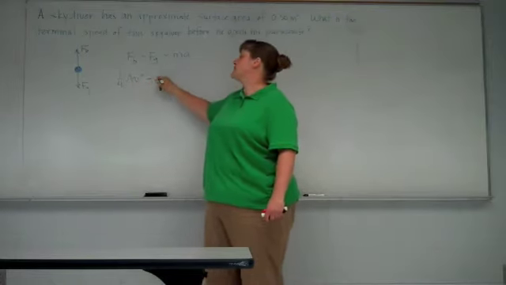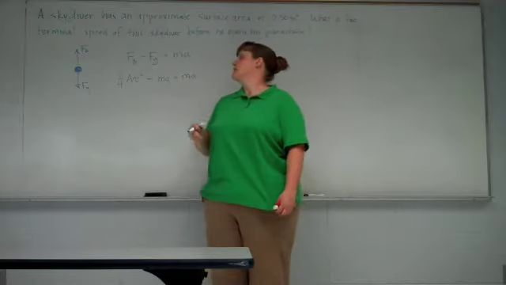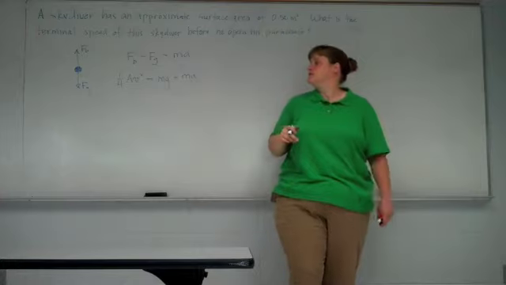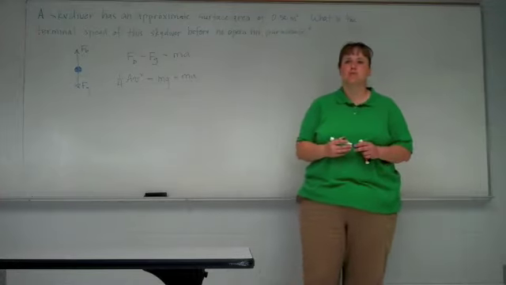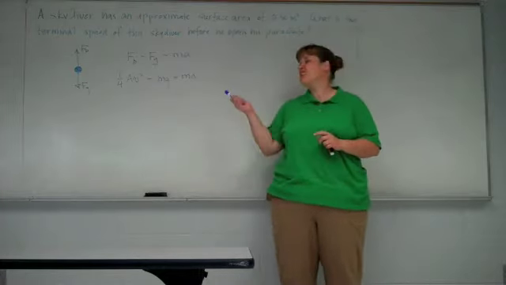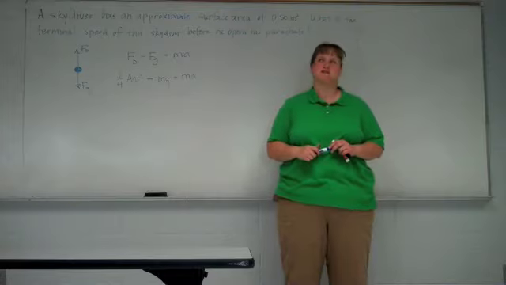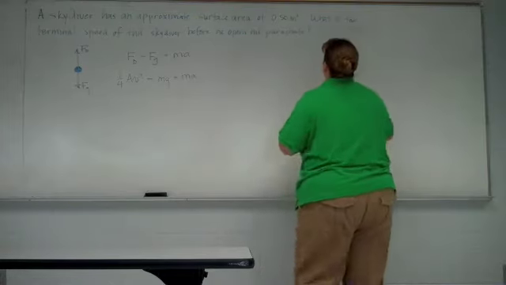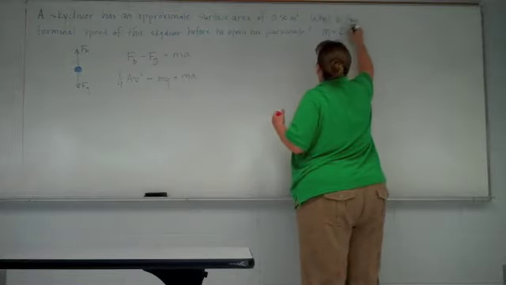Force of gravity we know is mg. So this is our equation at the moment: 1/4 A v squared minus mg is equal to ma. Notice mass doesn't cancel, so I'm going to have to give you a mass. Let's say the mass of our skydiver is, I don't know, 65 kilograms.